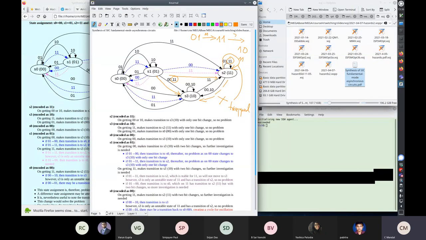So what you find is that this state assignment is problematic, because this particular transition on 1 1 is problematic.